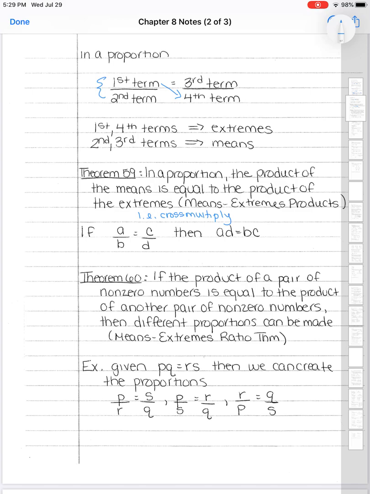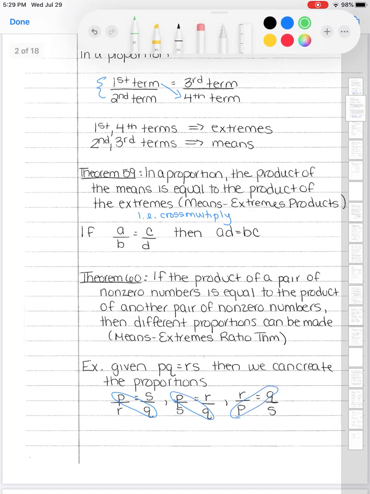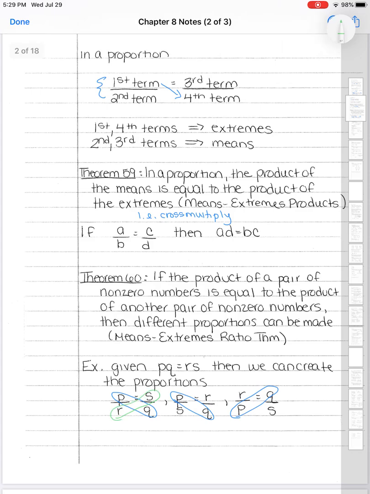And this lends itself to a more formalized way of saying cross multiplication. Theorem 59 says in a proportion, the product of the means, so that would be second and third term, is equal to the product of the extremes, which is your first and your fourth term. All that means, I'm going to write IE, that just means cross multiply. This is not one you're ever going to use in an actual 2-column proof.